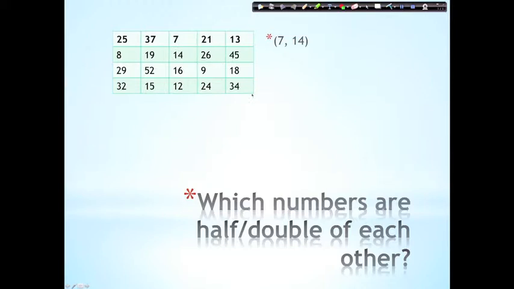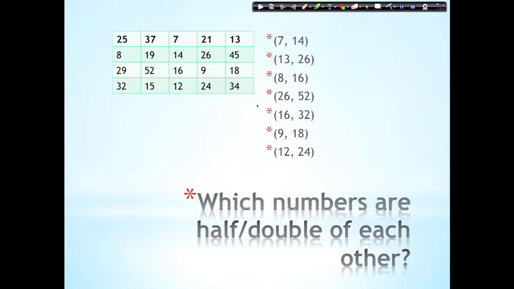The next ones are 13 and 26, 8 and 16, 26 and 52, 16 and 32, 9 and 18, 12 and 24. Those are all of the numbers which are half or double of each other. So double of 12 is 24, or half of 24 is 12.